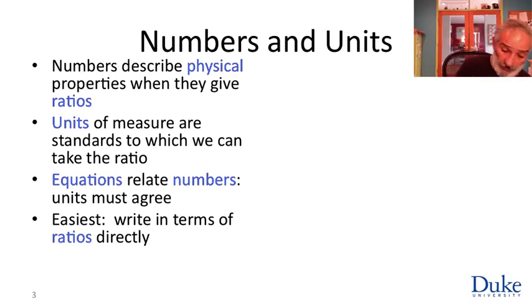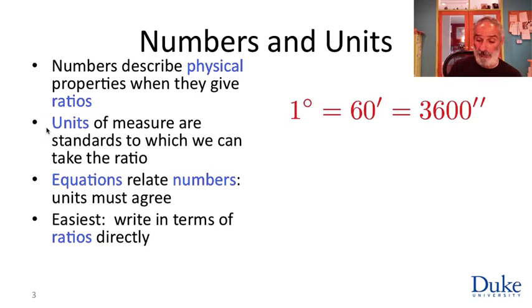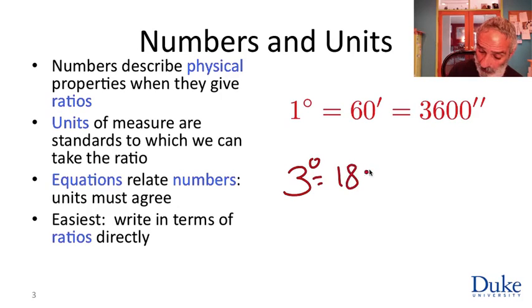We use units to detect what is the standard length, mass, whatever it is, to which I'm going to compare. This was very evident when we decided that we could measure angles in degrees or in arc minutes or in arc seconds, so that one person could describe an angle as 3 degrees, another person would describe that very same angle as 180 arc minutes, and a more ambitious person would measure that same angle in arc seconds.